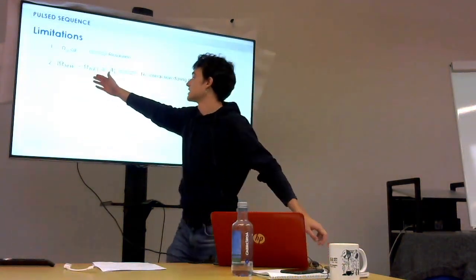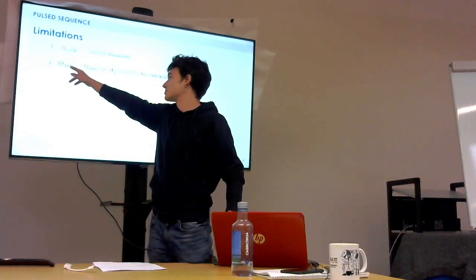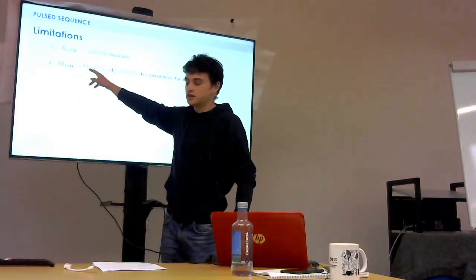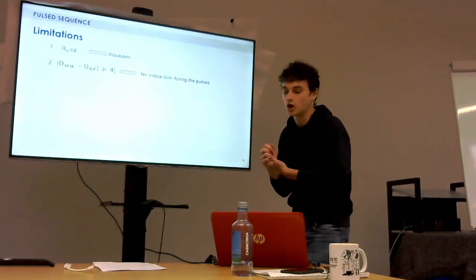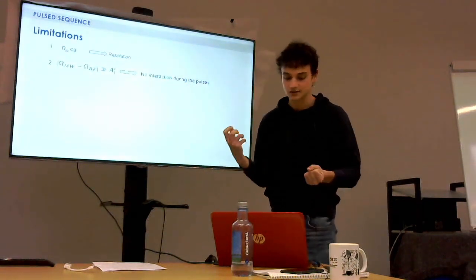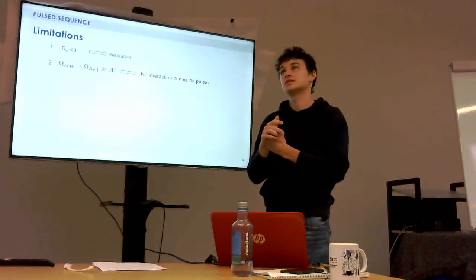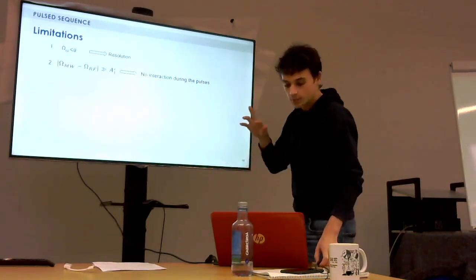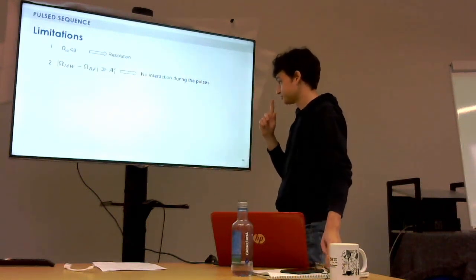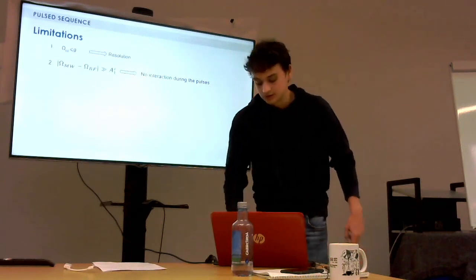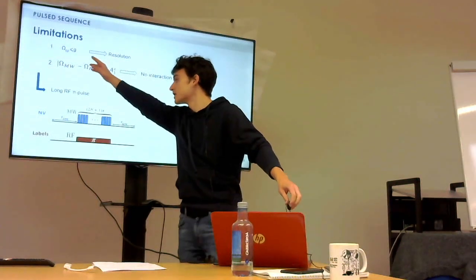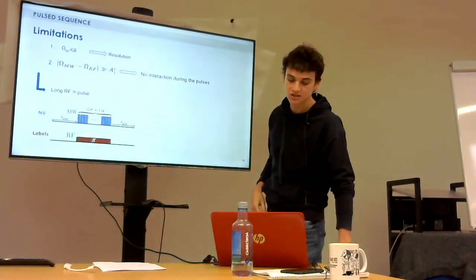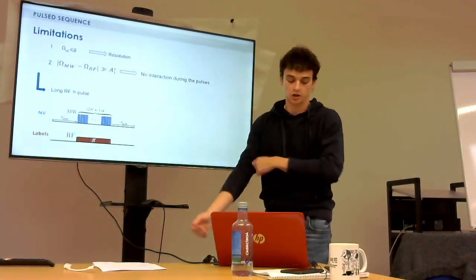So this means more or less that the microwave amplitude must be much larger than the radio frequency, so that during the pulses nothing happens and only the drivings act. This means that during the pulses there's no interaction between the electrons. Now these limitations carry some problems, and this one right here means that the pi pulse in radio frequency will probably be long.